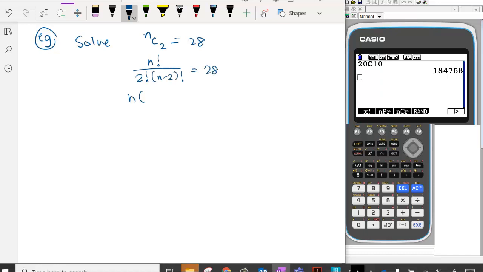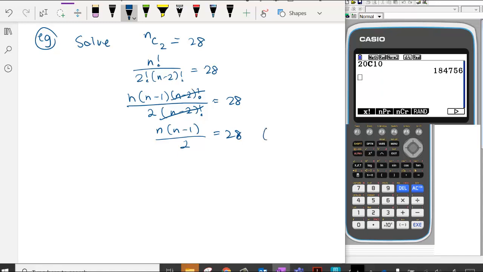We can look at this as n(n take 1)(n take 2) factorial over 2 multiplied by (n take 2) factorial. So we haven't even touched the other side, and we haven't started solving yet. We're just simplifying, and we can cancel this, and now we end up with n(n take 1) on 2 is equal to 28.